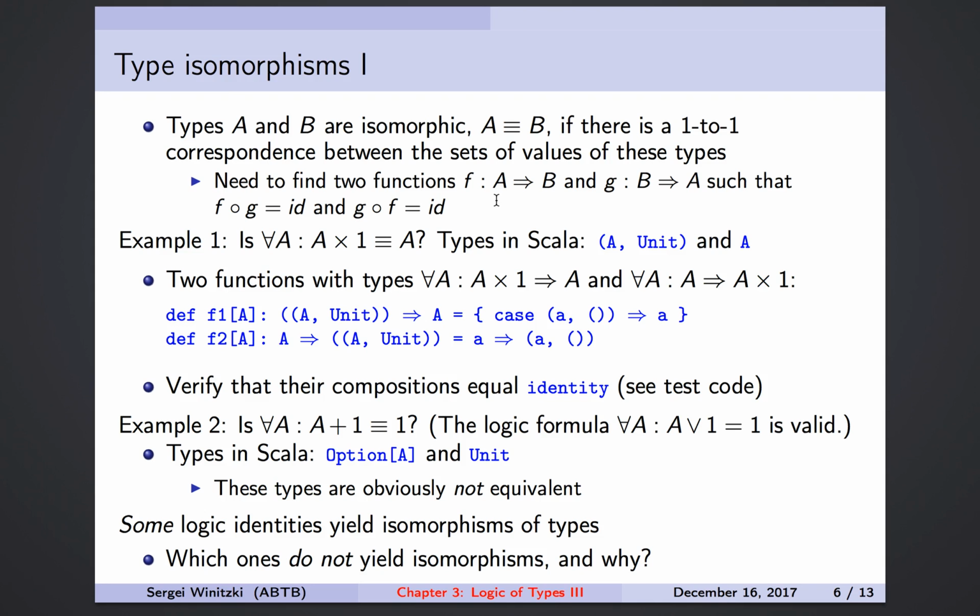And if this is so, if you can find such two functions, then the types A and B are isomorphic or equivalent, which is the same thing. And the interpretation of this is that the values of these types can be encoded in the other types. So there's a one-to-one correspondence between the sets of values of these types.